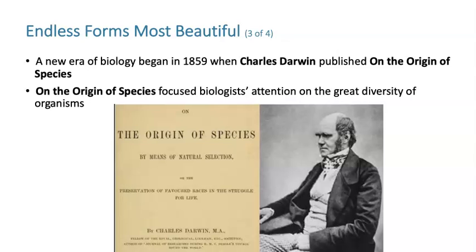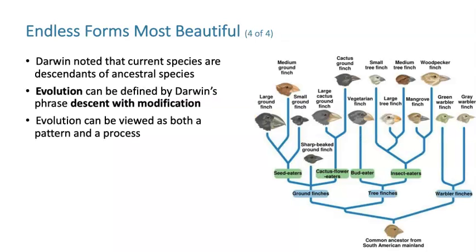When Darwin wrote his book on the origin of species, he did this in 1859. This was a huge leap forward in the way that biologists thought or focused on the diversity of organisms. So we could take a look at how we now think about diversity and the organization of diversity.